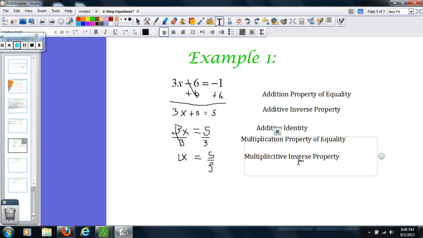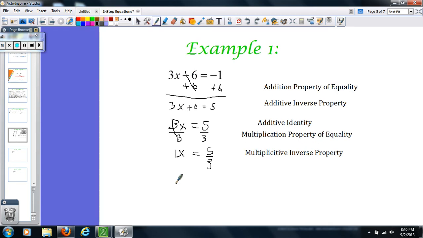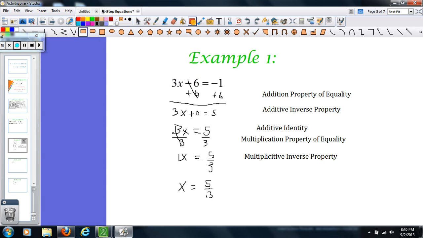And we also know that 1 times x is just x, so x equals 5 thirds. I'll go ahead and put my box around the answer. Slide this down.